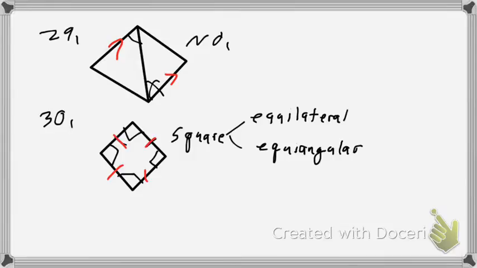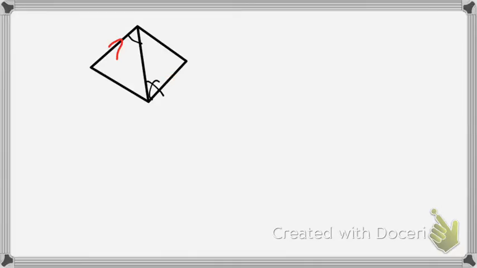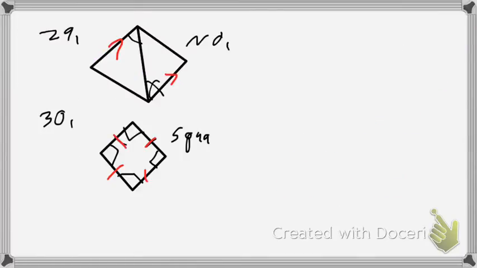30. Okay, so we have one right angle. So it's important to understand with one right angle, it means that they're all right angles. We went over that a little bit earlier, back on, I believe, number 22. So here we have all right angles, so we know it's at least a rectangle.